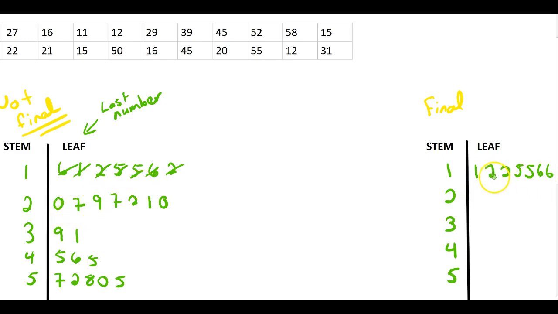Notice I put 2 2s, 2 5s, 2 6s down because I had 2 12s, one here, one here. I had 2 15s here and here. I had 2 16s there and there. So however many numbers I actually have in my data set, that's how many leaves I need. Just because they doubled does not mean I leave it out.